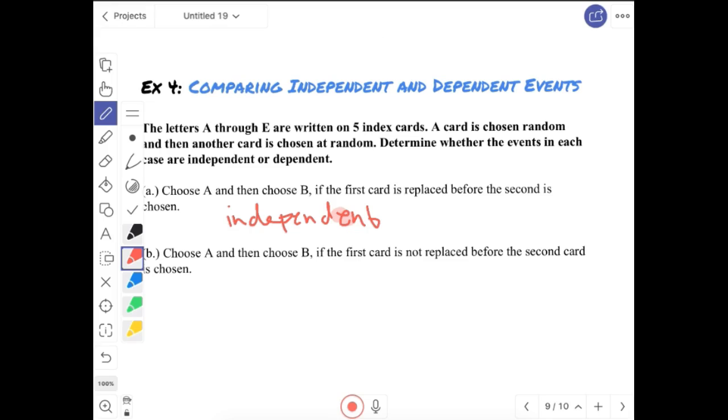So we take card A, we leave it out, and then we pick card B. If we choose card A and leave it out, we have fewer cards to choose from. So that means the probability of getting card B would be higher. So that would be a dependent event because the probability is dependent on other things happening.